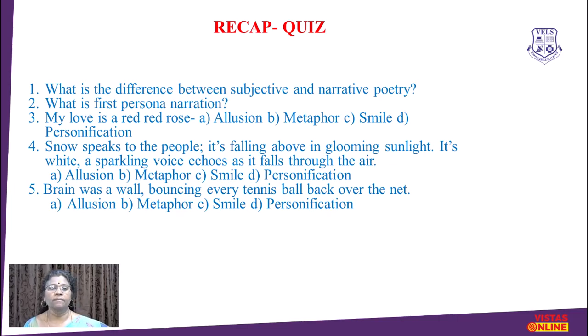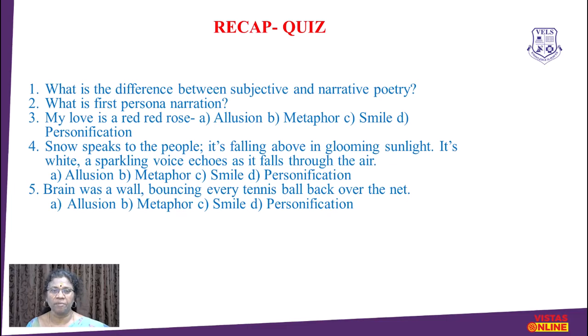The third question, just to recap. My love is a red, red rose. It talks about the poetic devices. We have got four, and it's simile. And then: Snow speaks to the people. It's falling above in a glooming sunlight. It's white, a sparkling voice echoes as it falls through the air. Snow doesn't speak to people. It's inanimate. It's an object.